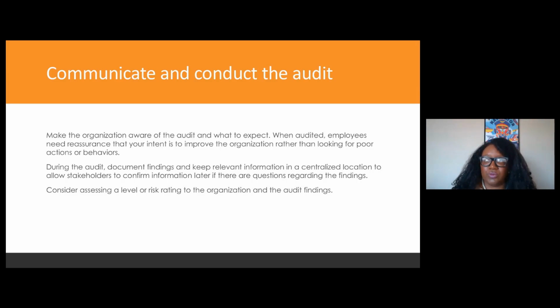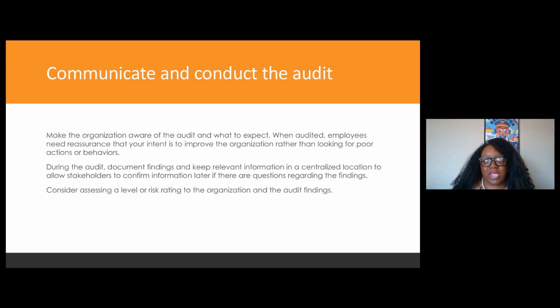So consider assigning a level or risk rating to the organization and the audit findings, right? So if you see that you're 90%, you're doing pretty well. And so your risk of liability is drastically reduced. You could probably give yourself an A, right? If you're in the 90s, and if you're in the 80s, you have a B, and the 70s a C, and so on. But those are terms that stakeholders understand as well when working in education.